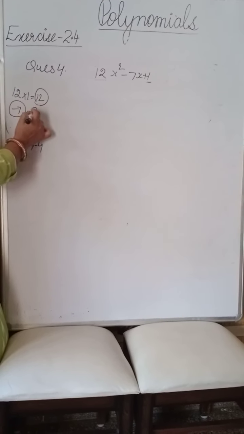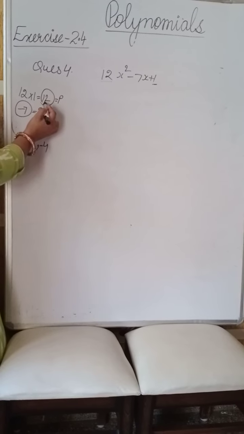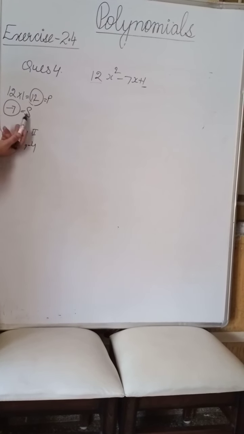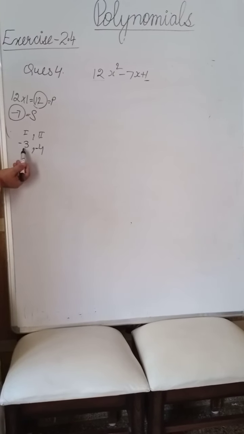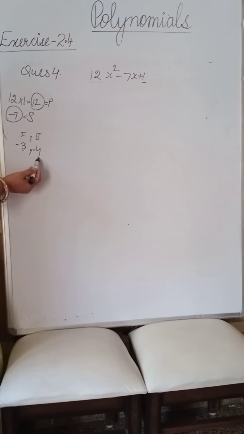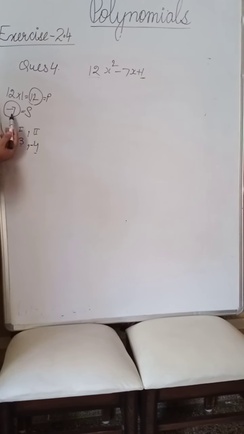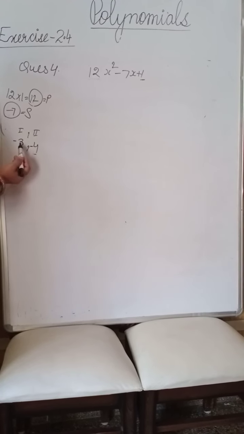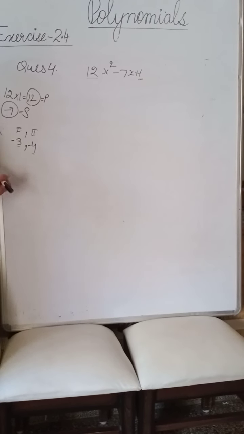So we find two numbers so that their product should be equal to 12 and their sum should be equal to minus 7. So I find these two numbers 3 and 4. Then I will decide about the sign because I need minus 7, so I am taking both the numbers minus.